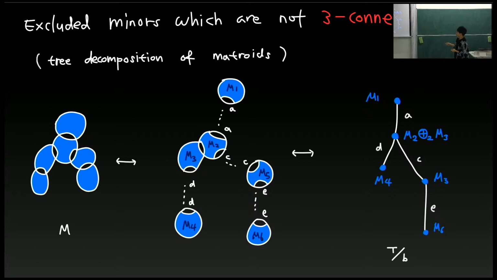This defines a contraction for matroid-labeled trees, and we say that a tree decomposition of matroid M is a matroid-labeled tree such that when you contract all edges and make a single vertex, this single vertex corresponds to the whole matroid M. So eventually we can see that each edge corresponds to a two-separation for the matroid.